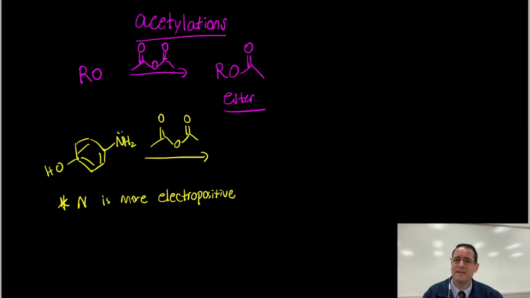We've talked about atoms in the periodic table being more electronegative, more selfish with their electrons, and not as nucleophilic. Well, it turns out nitrogen is more generous with its electrons. It's more electropositive because it's more left on the periodic table, and so it's a better nucleophile. And so we're going to acetylate the nitrogen atom to make an amide.